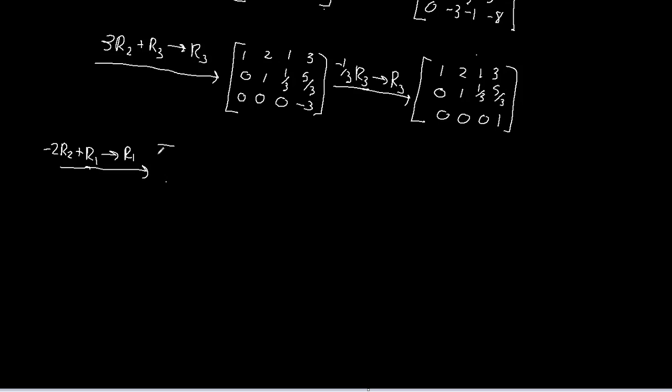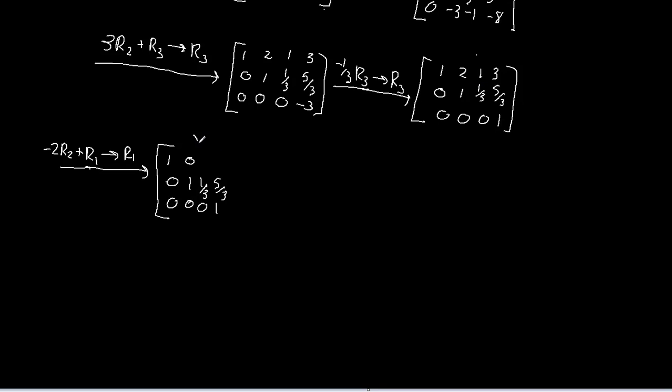Okay, so what is that going to look like? Well, we're not editing the last row. We don't have to worry about that. We're not editing the second row. Right? 0 times -2 is 0, plus 1 is 1, so that doesn't change. 1 times -2 is -2, plus 2 is 0. Right? 1/3 times -2, I'm going to actually write this out.